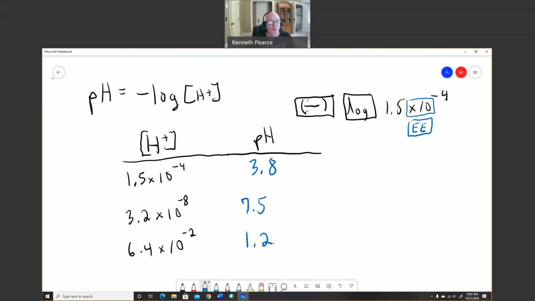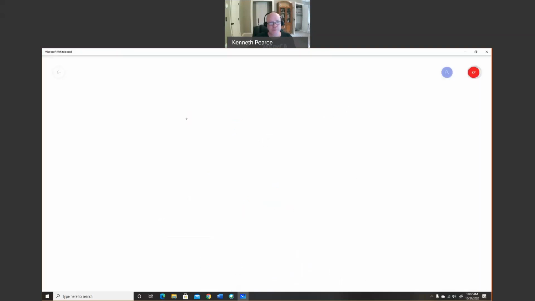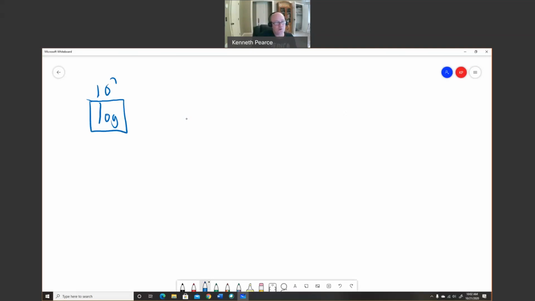Now that's how you get pH from the concentration, but it turns out we can actually go back the other way as well. It's a different button that we're going to use. The opposite of any function on a calculator, such as the LOG, you will find if you look above it: 10 to the x. The opposite on scientific calculators is usually right above the same button.